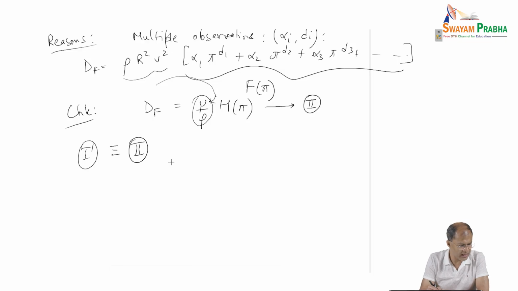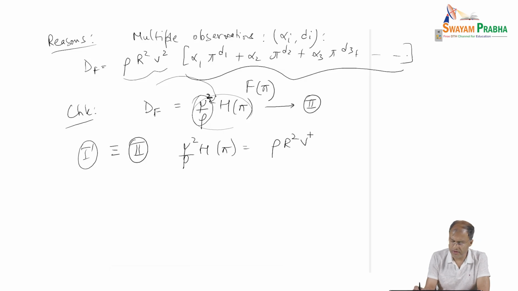We see that both are representing the drag, so both must be equated to each other. So we see that, well, this is mu square, sorry. So we see that mu square by rho h of pi must be equal to rho times r square v square f of pi, right? Because both are representing drag.